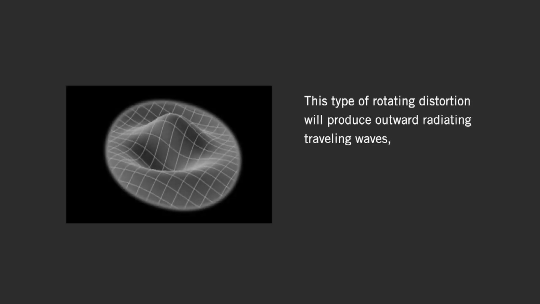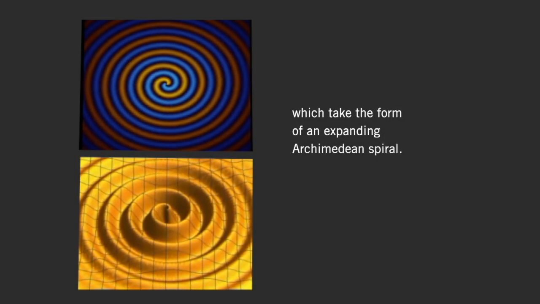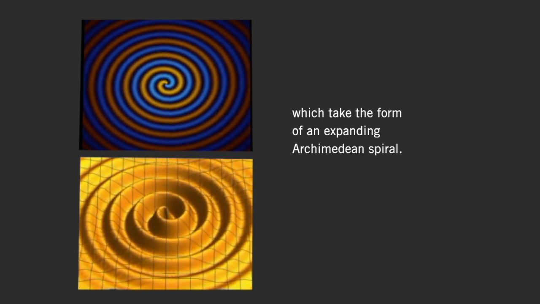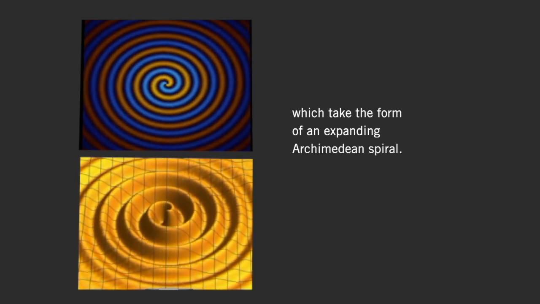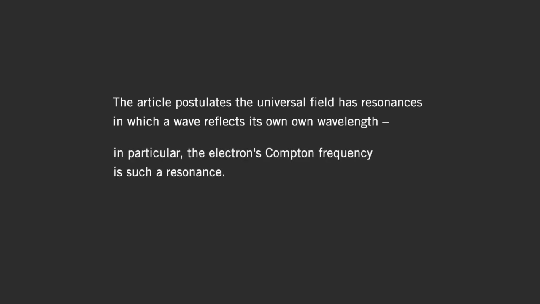This type of rotating distortion will produce outward radiating traveling waves, which take the form of an expanding Archimedean spiral. The article postulates the universal field has resonances in which a wave reflects its own wavelengths. In particular, the electron's Compton frequency is such a resonance.